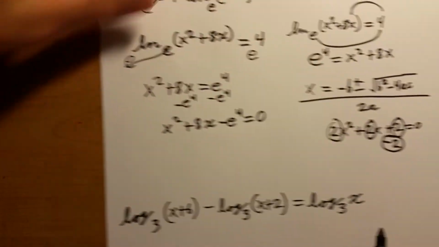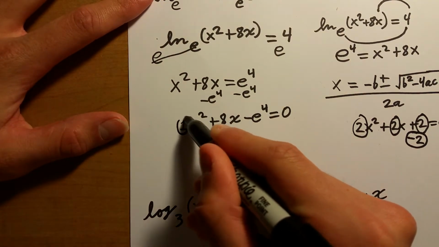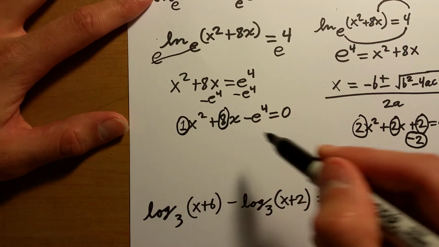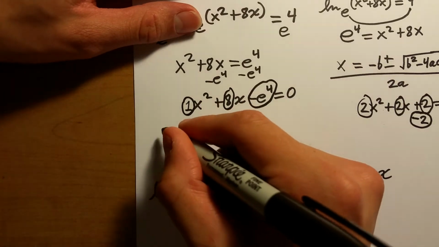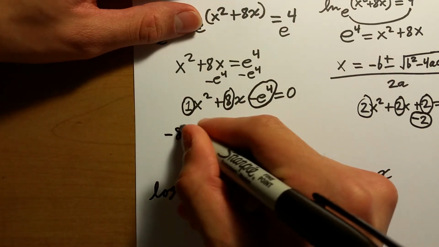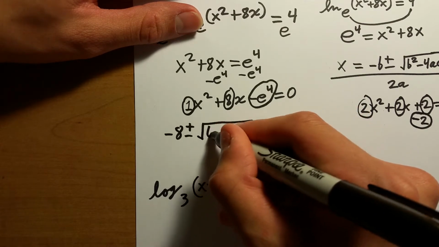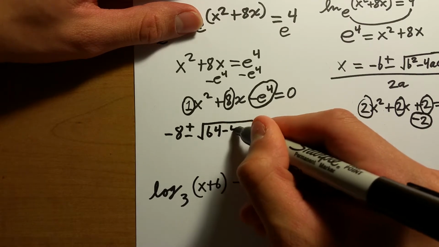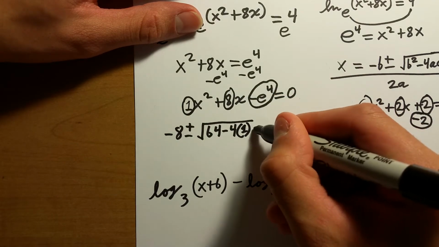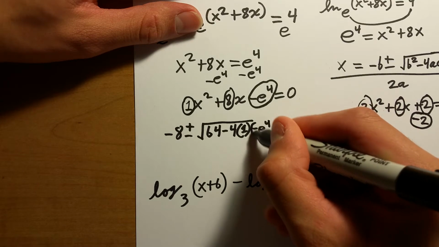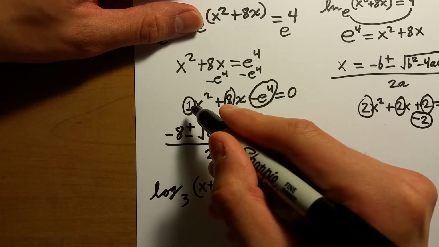In our equation, a is 1, b is 8, and c is negative e to the power of 4. So we can rewrite that as negative 8 plus or minus the square root of 8 squared, which is 64, minus 4 times a, which is 1, times c, which is negative e to the power of 4, all over 2a, which is 1.